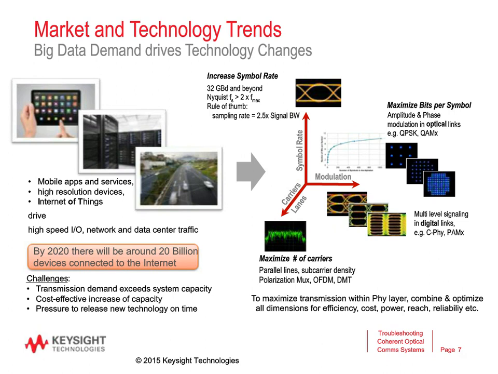Besides that, we see multi-level signaling in digital links for data centers or in between smaller subgroups. And also there is a trend to use a different number of carriers, so OFDM or discrete multitone is the keyword here. All these can be used to maximize the transmission within the physical layer. And often we see a combination of these technologies.